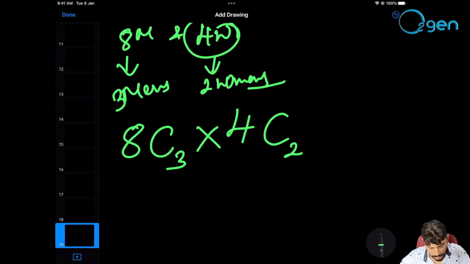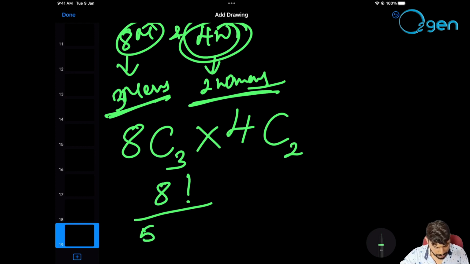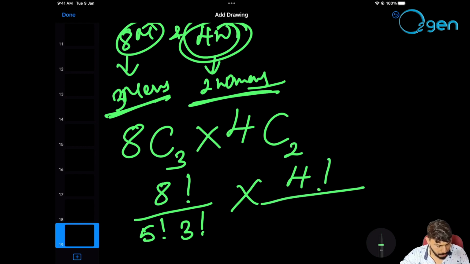If you solve this, you get 8 factorial divided by 8 minus 3, which is 5 factorial into 3 factorial, multiplied with 4 factorial divided by 4 minus 2, which is 2 factorial into 2 factorial.